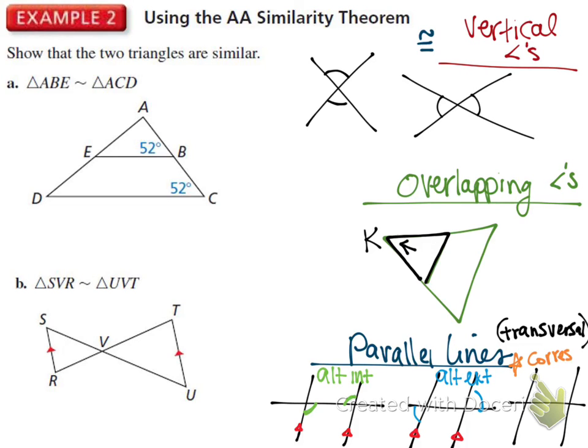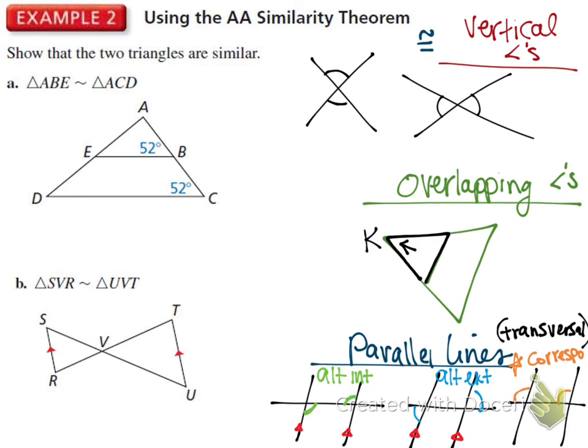I don't have enough room to write it, but corresponding. They're in the same spot on their intersections. So top left, top right, bottom left, bottom right. Those are corresponding. And they're also congruent.